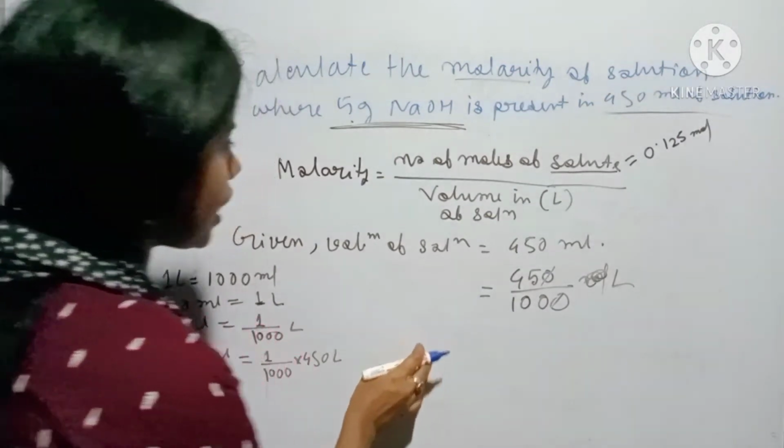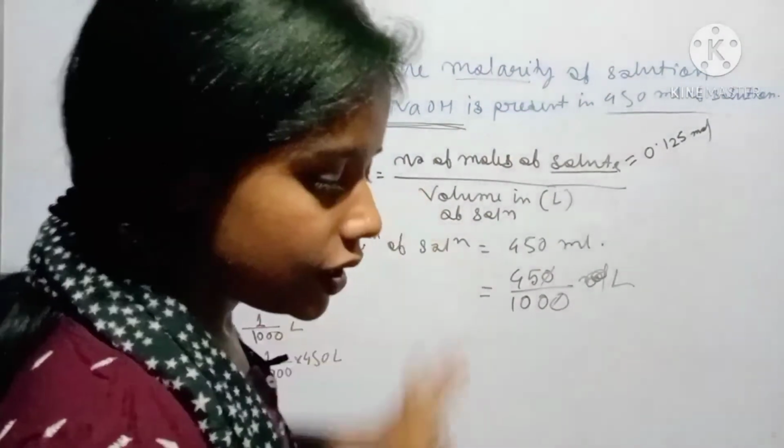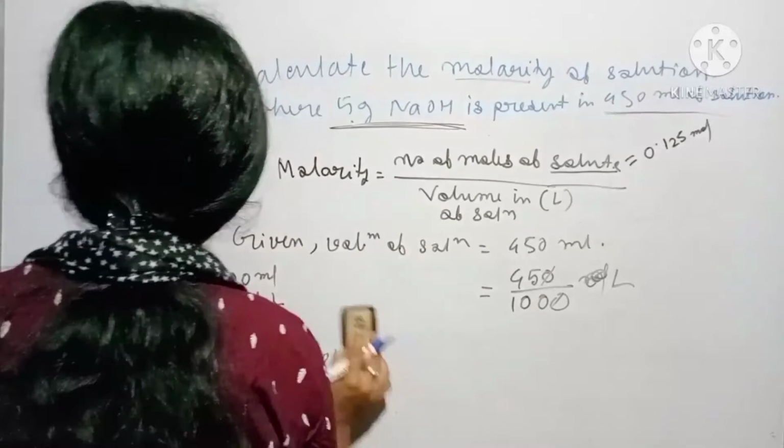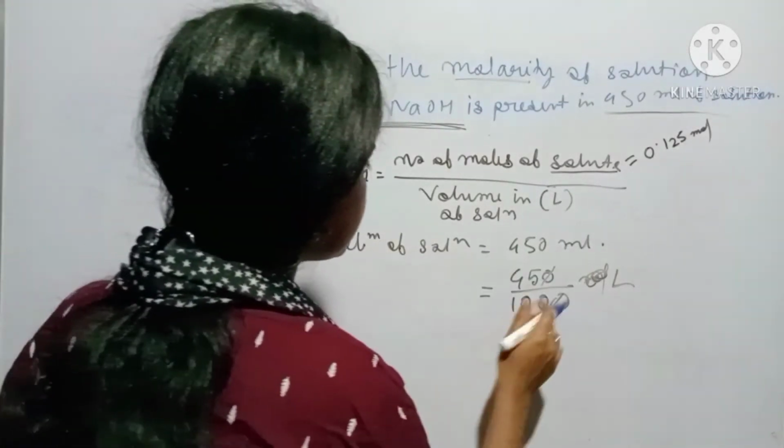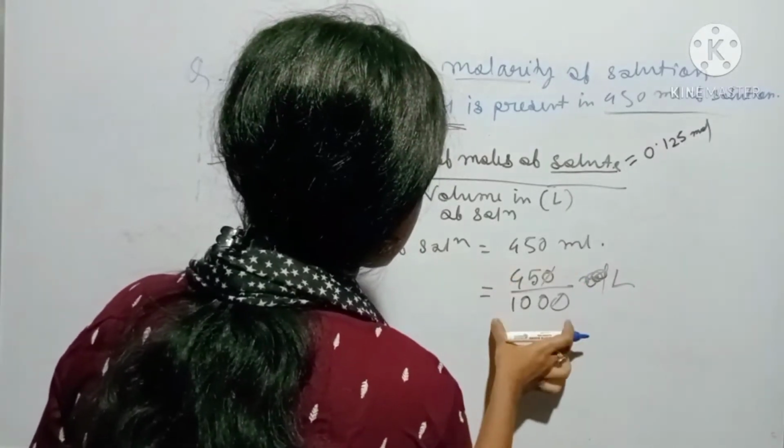So we found the volume is 450 divided by 1000 liter.